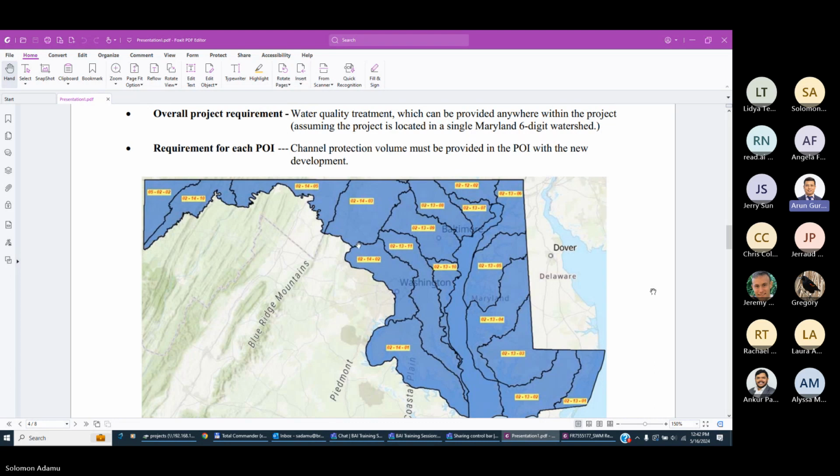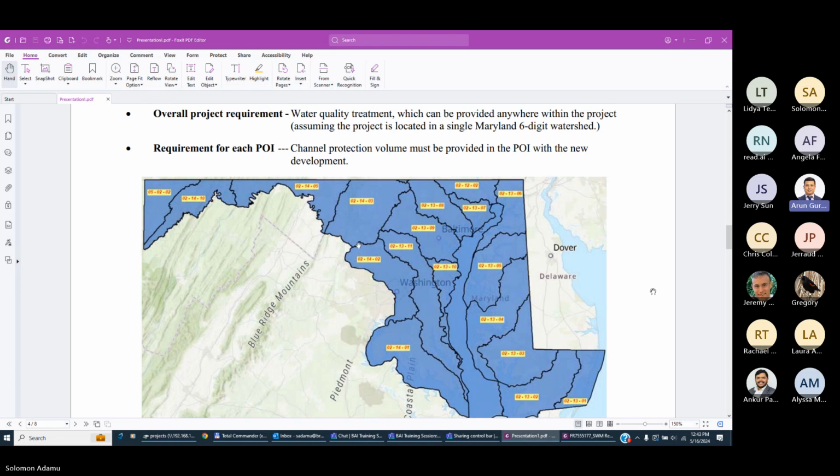But your channel protection volume, which is above 1 inch up to your PE, which could depend on your soil type, could be like, I think, max in Maryland, mostly we use 2.6 inches. So between 1 and 2.6 inches, that's your channel protection volume. That has to be provided within the same POI.